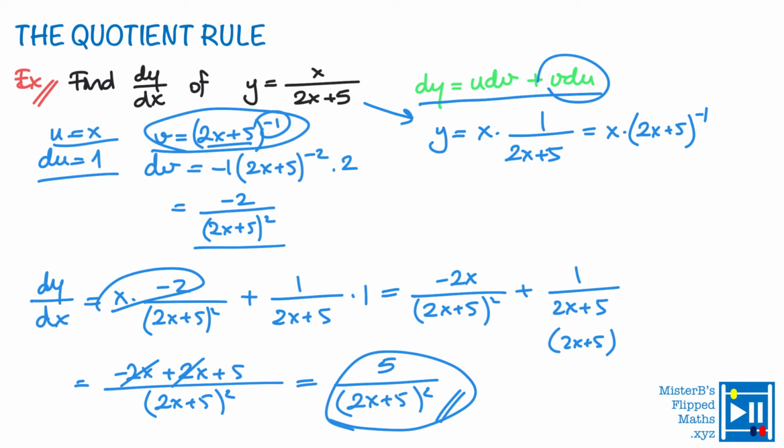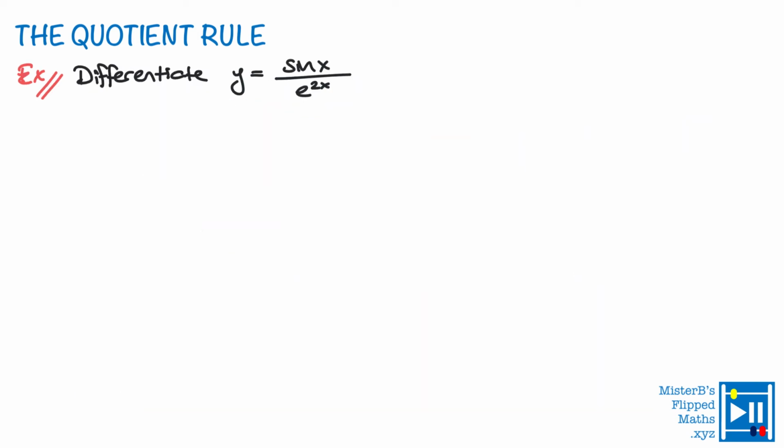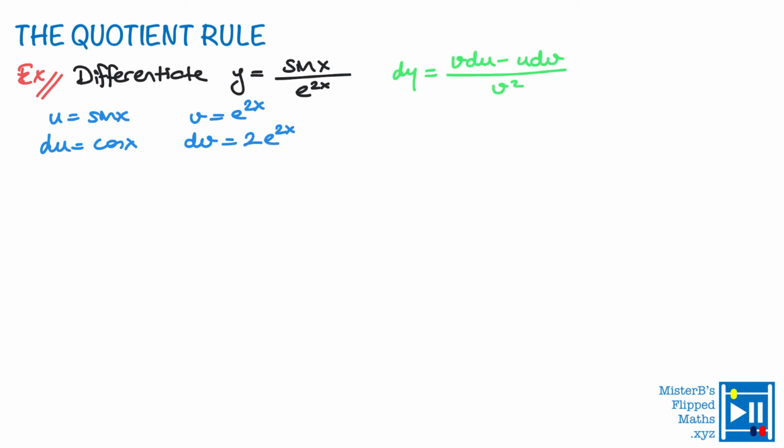So another example. We have sine x over e to the power of 2x here. So obviously u will be sine x, du will be cosine x, and v is e to the power of 2x, dv will be 2 times e to the power of 2x. Now, the quotient rule says dy equals v du minus u dv over v squared.